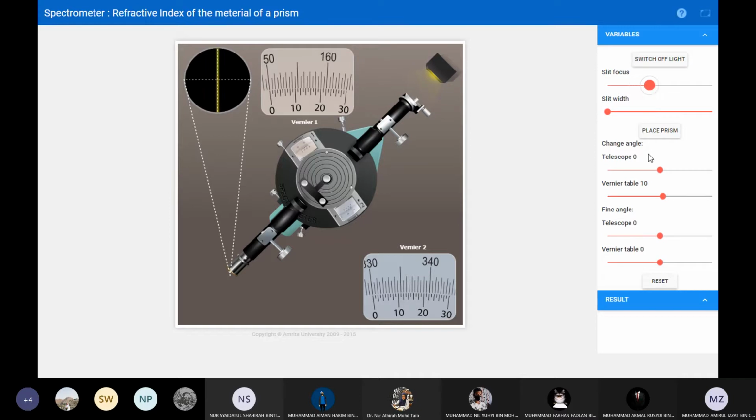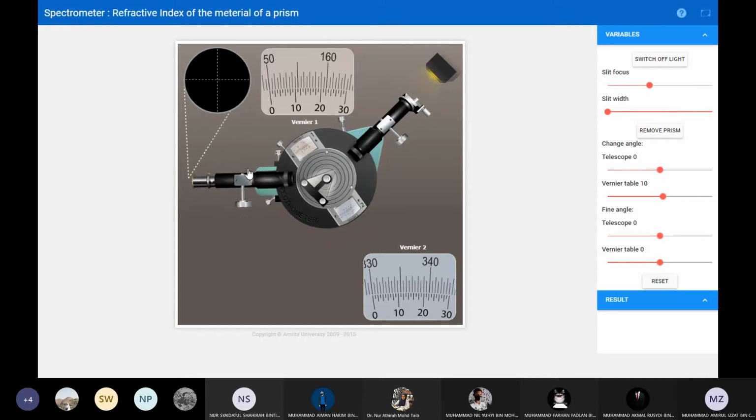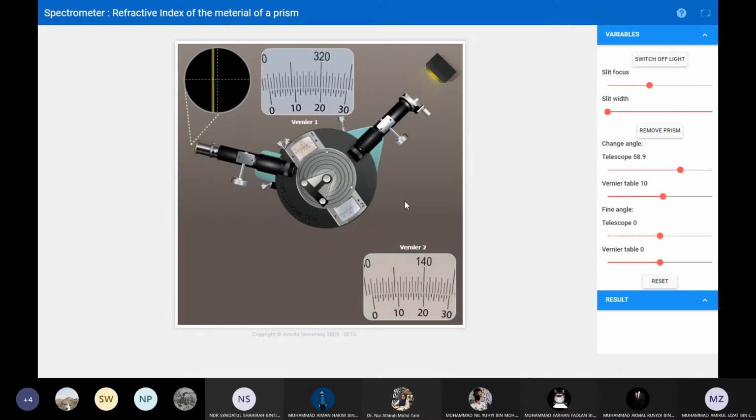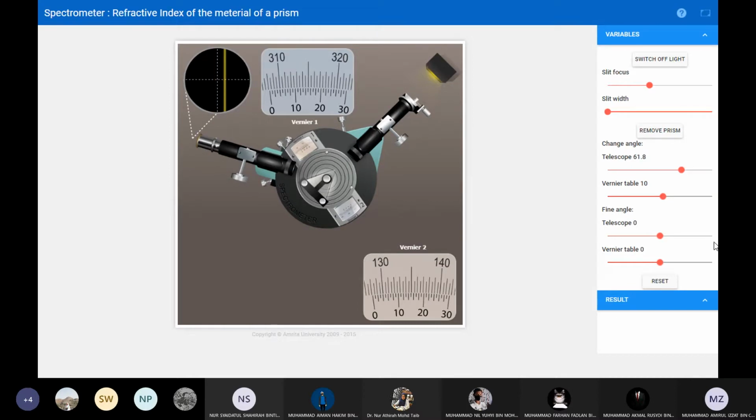Okay, and then place the prism. When we place the prism, we need to move the telescope to this side and both sides to find the line, this one. Okay.